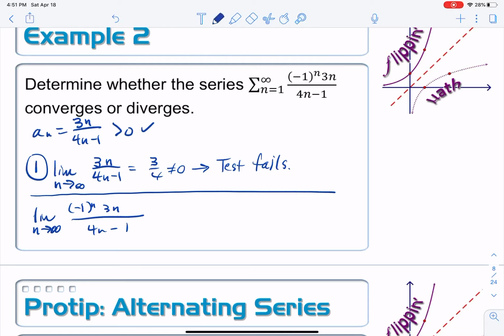So in other words, the terms of this sequence are approaching adding 3/4, subtracting 3/4, adding 3/4, and subtracting 3/4. You're never ever going to zoom in on a particular number, and therefore this limit does not exist due to oscillation.